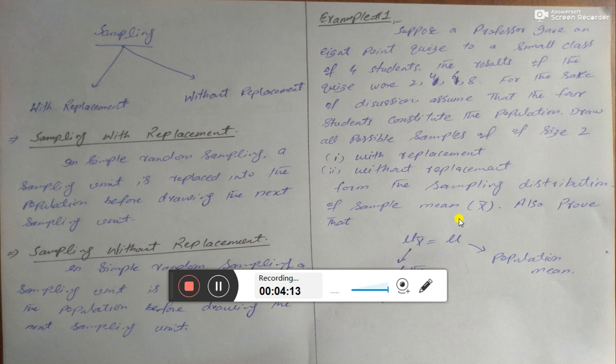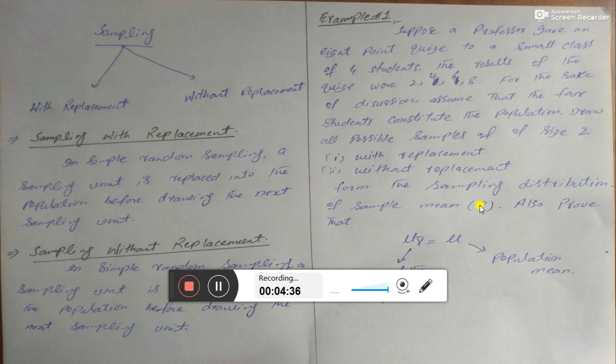Form the sampling distribution of the sample mean x bar. Also prove that mu of x bar is equal to mu. What we need to do is, by using this population, form all possible samples of size 2 by using these two techniques, and then form the sampling distribution of the mean. The sample statistic we calculate here is the sample mean.